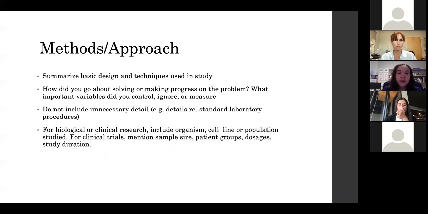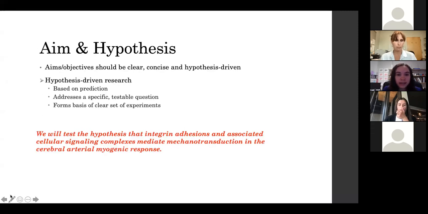So this is the gold standard of science. You think of one hypothesis based on your observations, and you test this hypothesis with experiments, with controls. So a hypothesis should be a specific and testable prediction about what you expect to happen in your study.